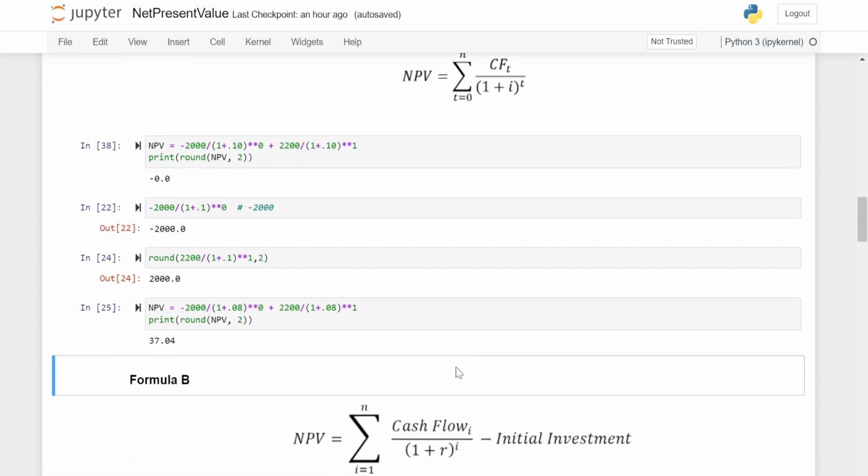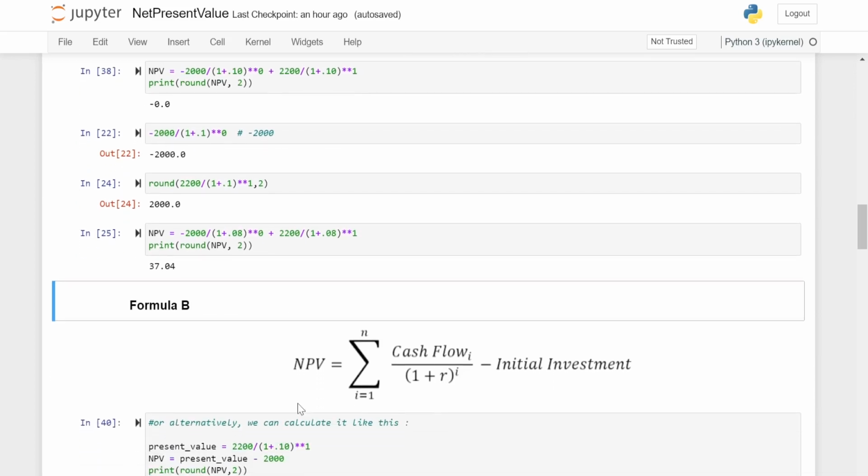In this other formula, the period for this portion is not from 0. It starts from 1. That means here we will only consider cash inflow. We will not consider cash outflow here. We will consider cash outflow, that is the initial investment, separately, and we will calculate this afresh.